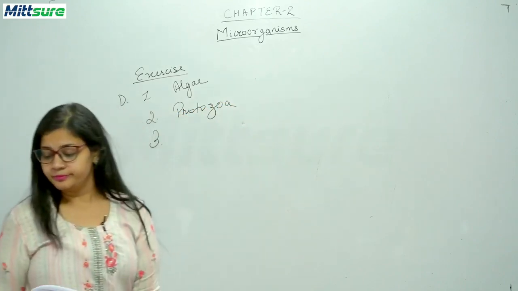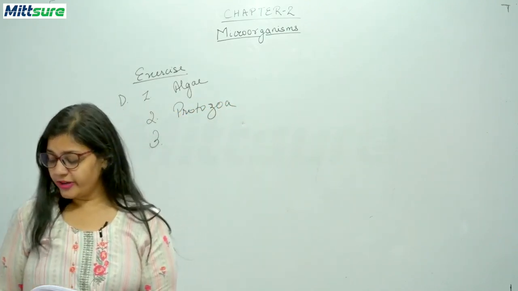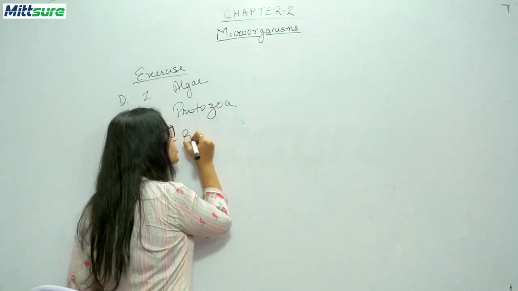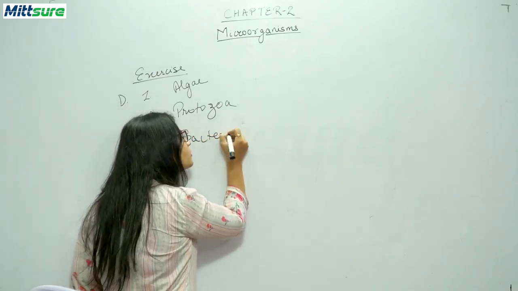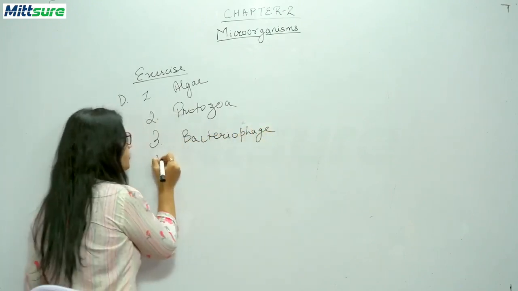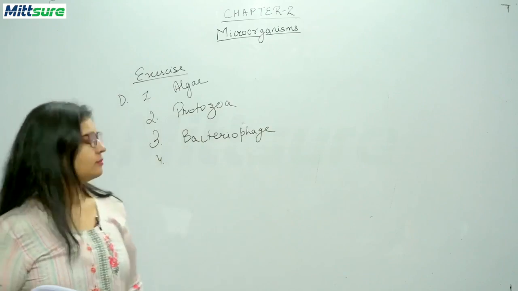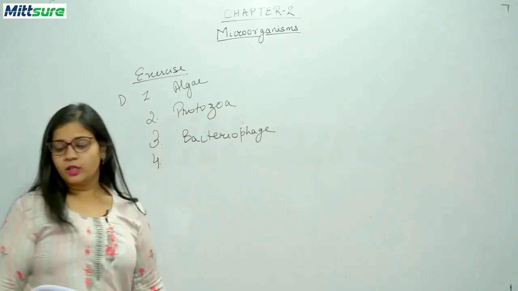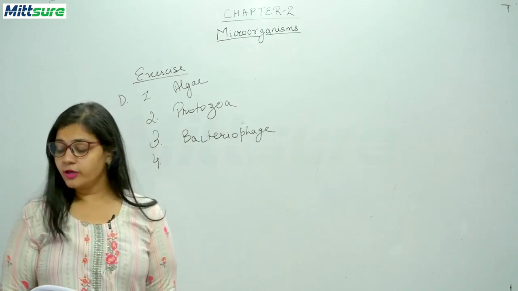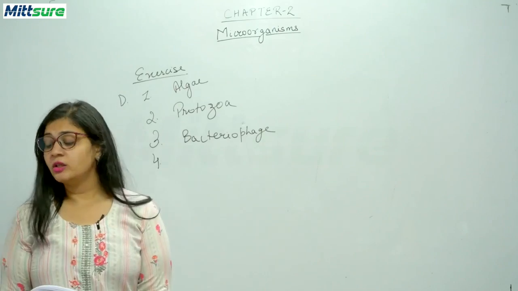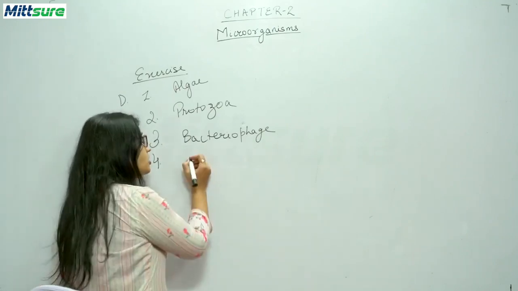Third, virus which infects bacteria are called bacteriophage. Okay. Fourth one, now this fourth one is the process of conversion of sugar into alcohol by the action of fermentation.